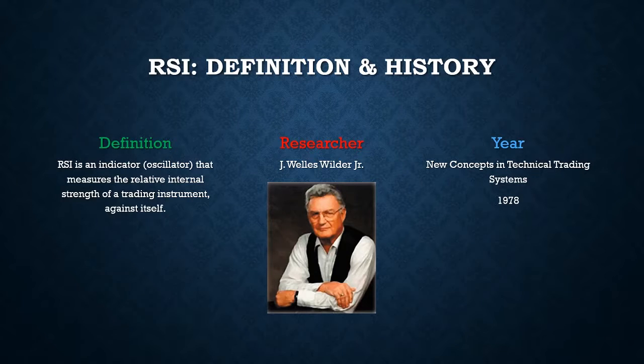The researcher who came up with this indicator is J. Willis Wilder Jr., and he presented it with other indicators and trading methods in his book New Concepts in Technical Trading Systems, which was published in 1978.